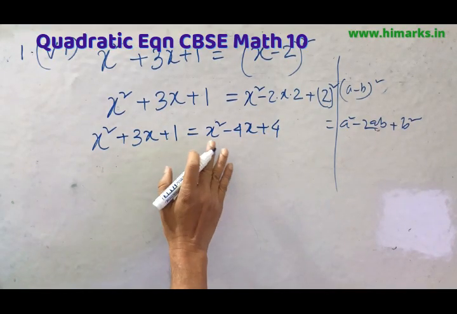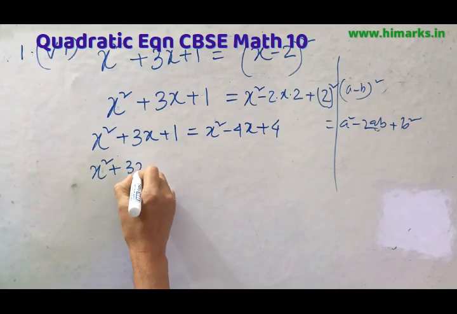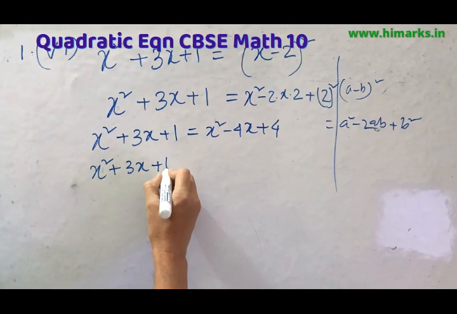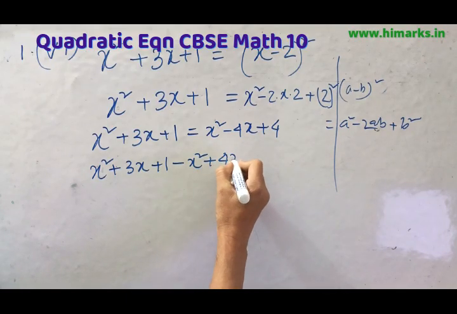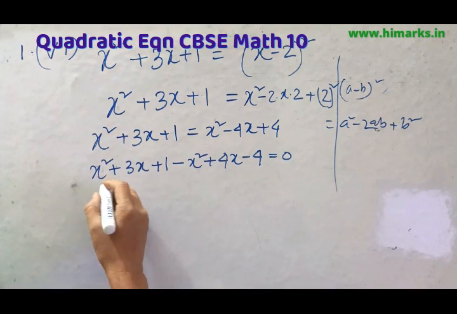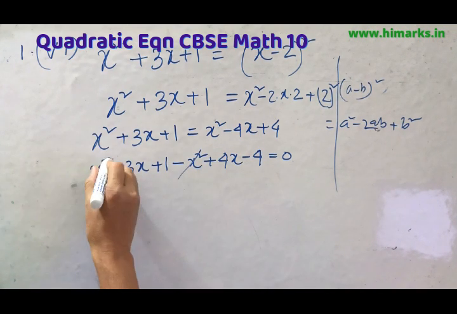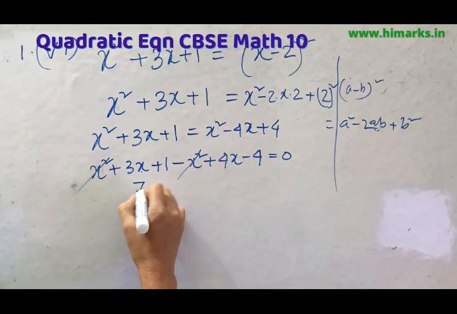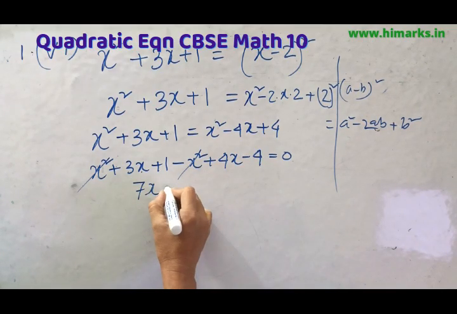Now take all the terms from the right side to the left side with a changed sign. So x square cancels, 3x and this cancel, 3x plus 4x is 7x, and plus 1 minus 4 is minus 3.